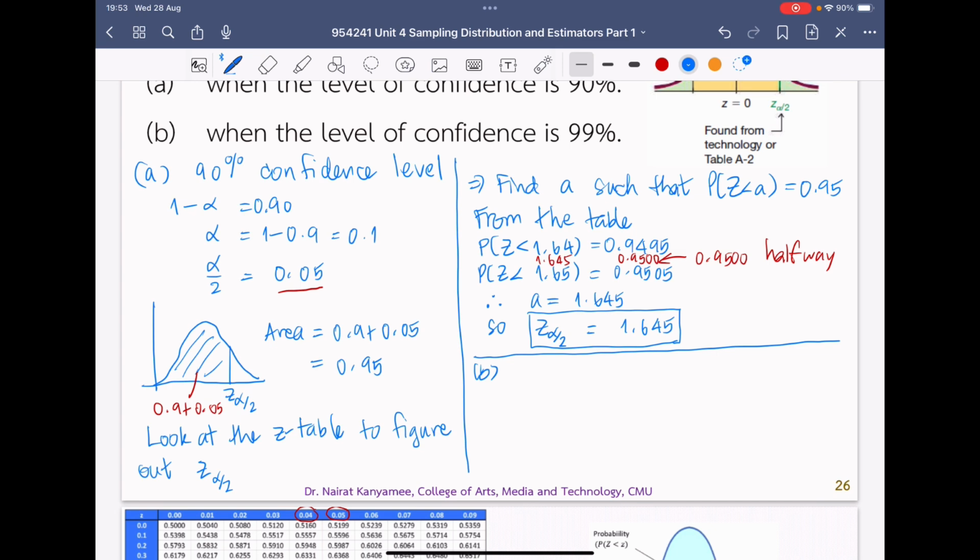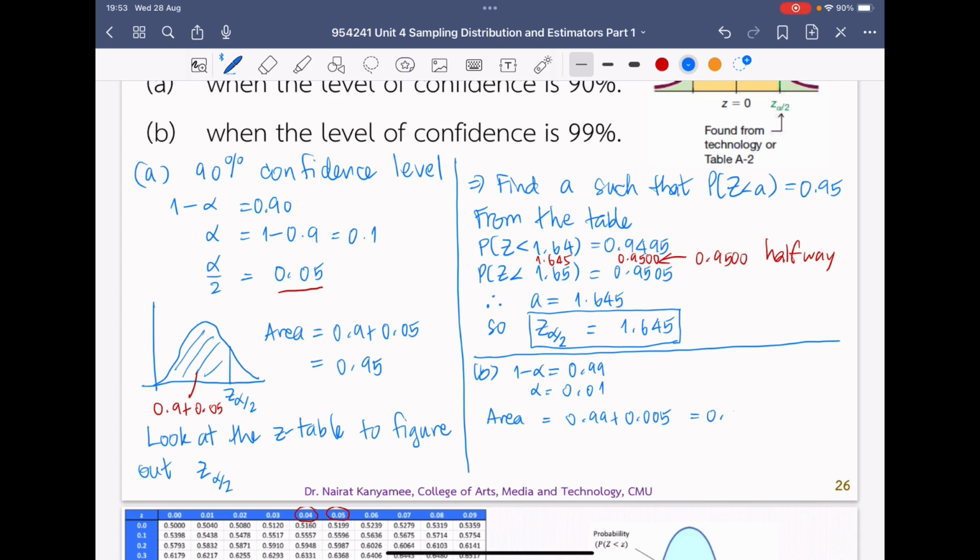So 99%, 1 minus alpha is 0.99. So alpha is 0.01, right? And the area is going to be 0.99 plus half of that, 0.005.